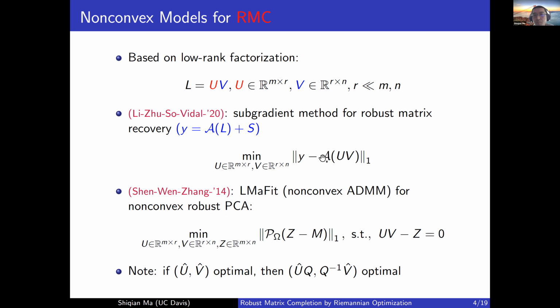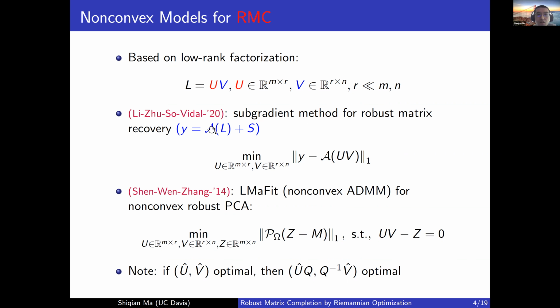They also proposed another variant of this model, in which you add a regularization term, where you can prove some very nice theoretical properties. Okay. So the reason to use this subgradient method is because the objective function is non-smooth.